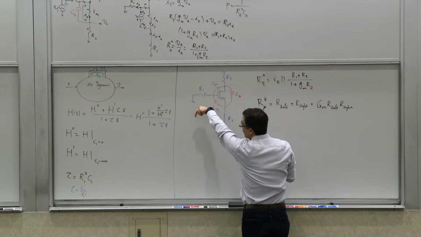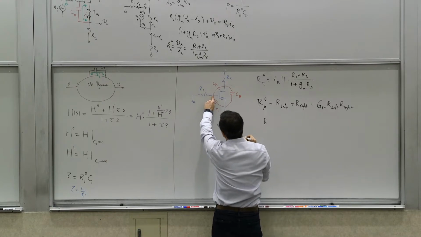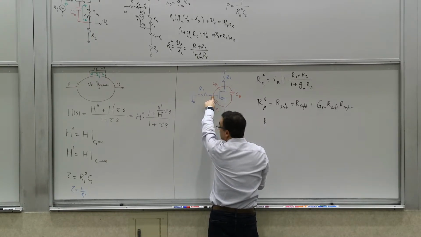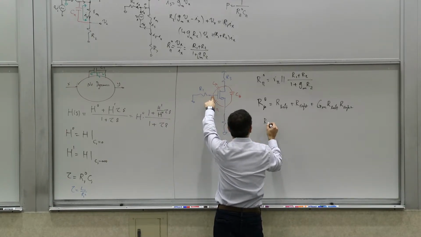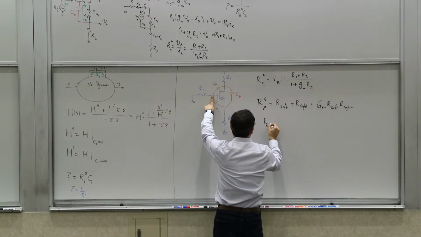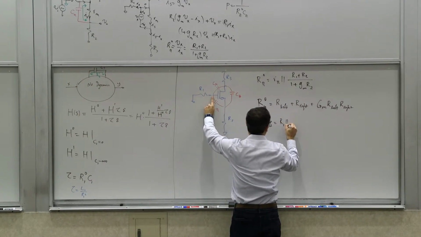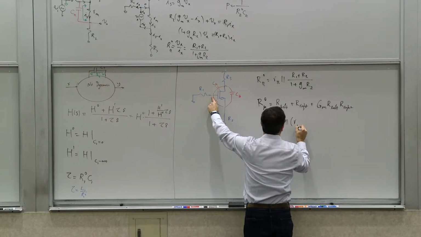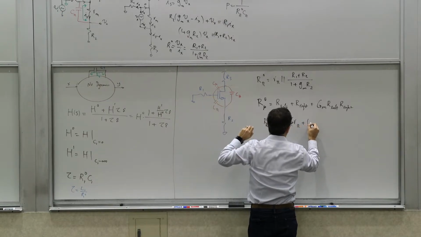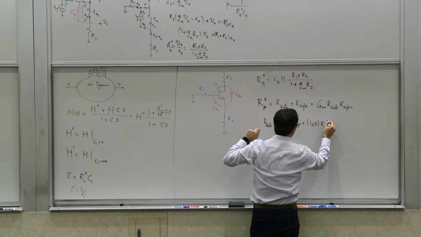And what are these 3? R left is the resistance you see looking to the left, which is basically to the left of C mu, the resistance between this node and ground. What is the resistance between this node and ground? It's the resistor that I wrote earlier, which is R1 in parallel with R pi plus 1 plus beta R2.